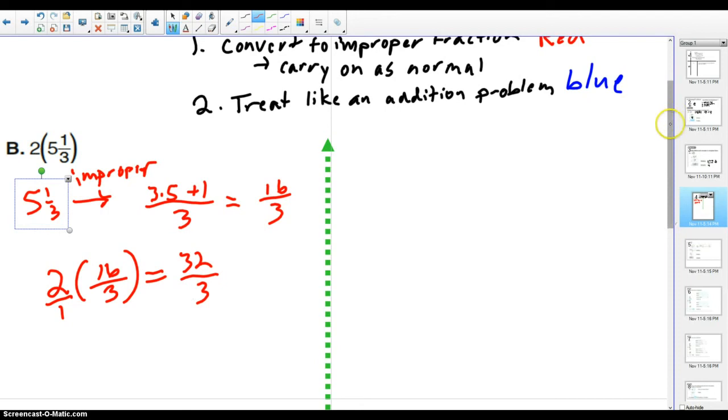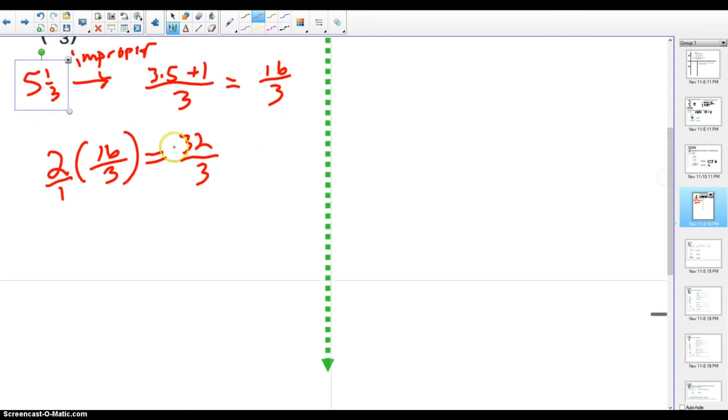And now our last step is we have to work backwards and simplify this. So 3 goes into 32 10 times, so we're going to have 10, and that gives us a remainder of 2. So that's 10 2/3. And again, that was our simplify step.